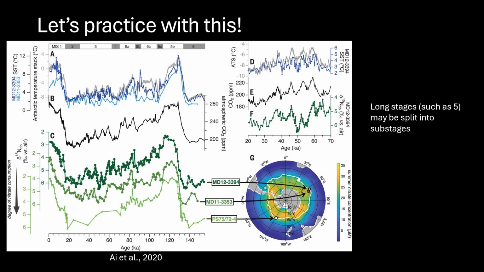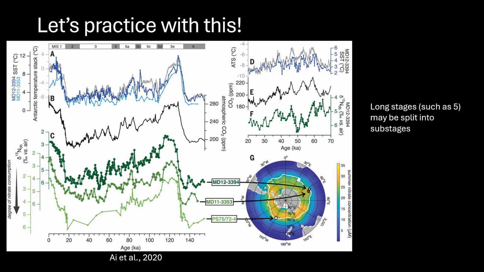I'm going to just mention a couple little things about a graph from a paper that I look at fairly frequently in order to hopefully convince you that this might be a useful timescale, at least if you're a paleoceanographer. One thing to note is that longer stages, such as stage 5, might be split into substages.